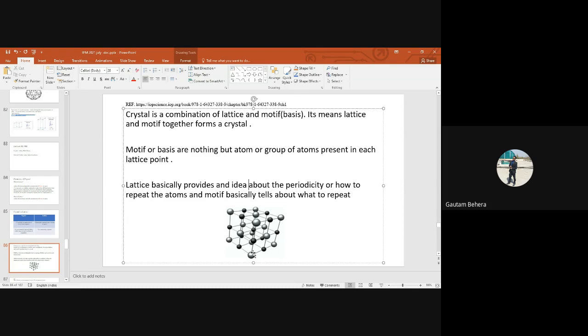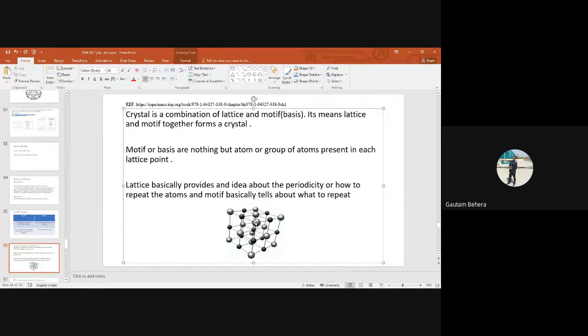Which is made up of, if I remove, okay, can you tell me, if I remove these atoms of chlorine and sodium, what will be left behind? Can anybody tell me quickly? As I told, this is a crystal of sodium chloride, for example.